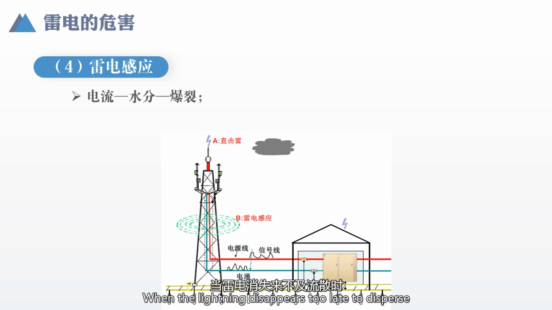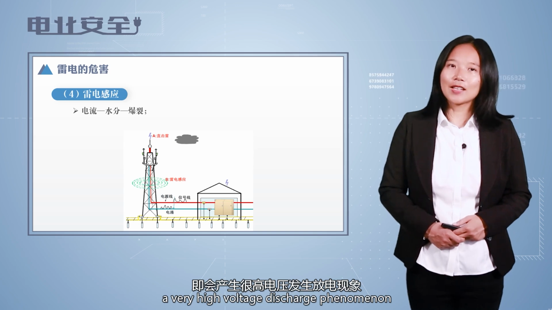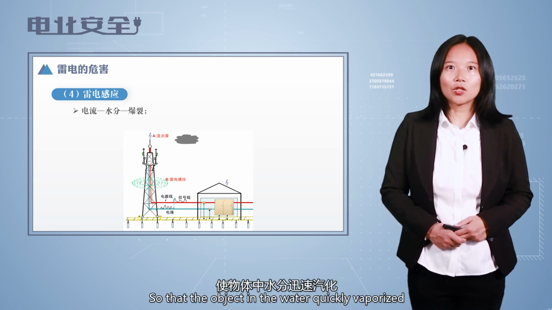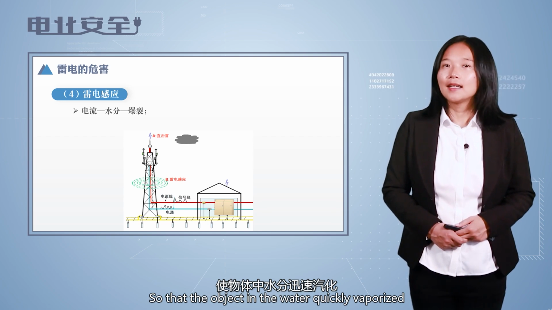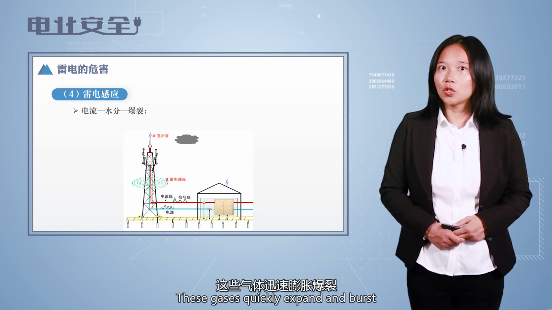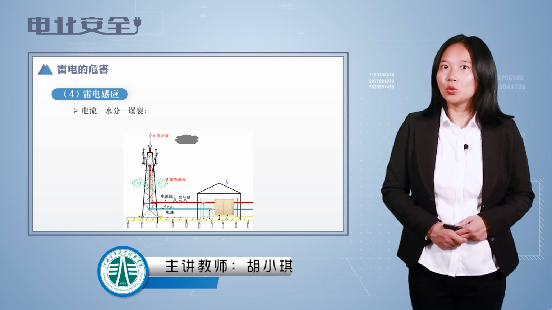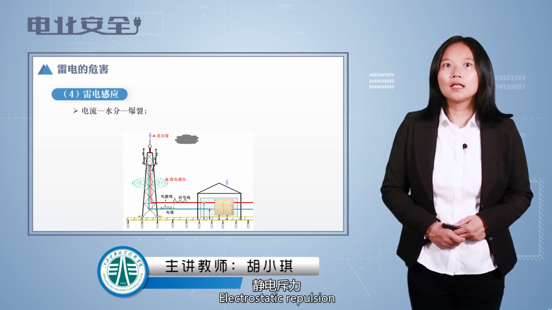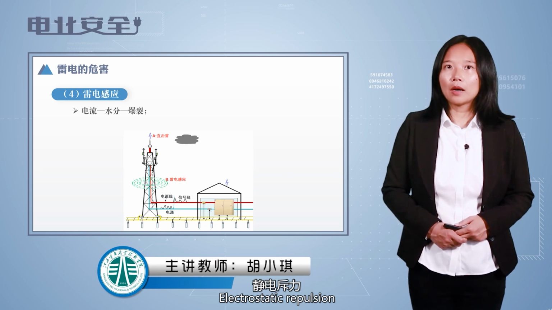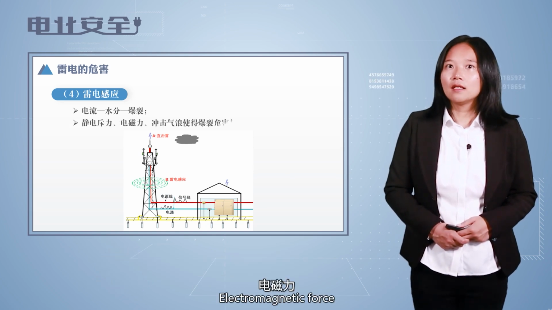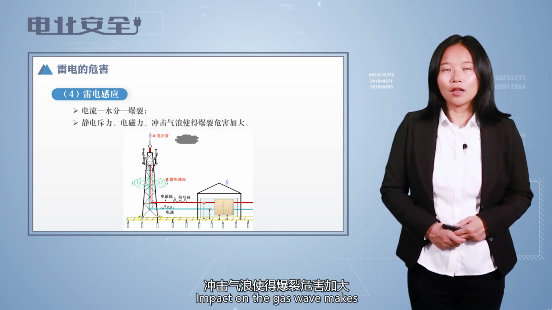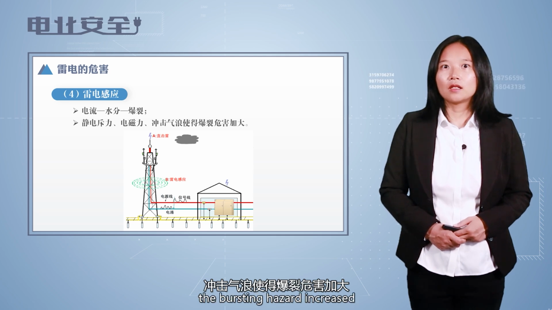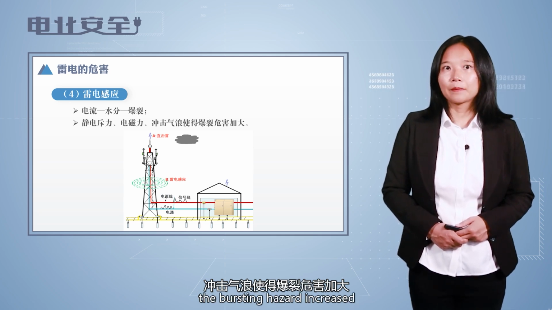When the lightning disappears too late for the charges to disperse, a very high voltage discharge phenomenon is produced, so that water in the objects quickly vaporizes. These gases quickly expand and burst. In addition, electrostatic repulsion, electromagnetic force, and the impact of the gas wave increase the bursting hazard.